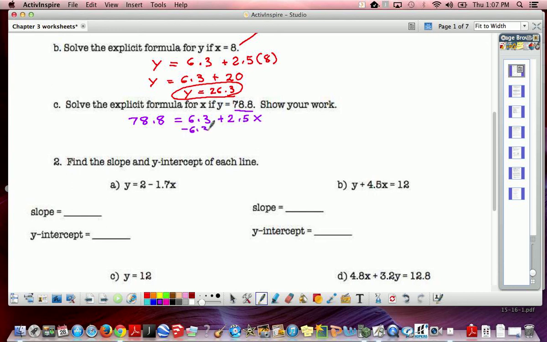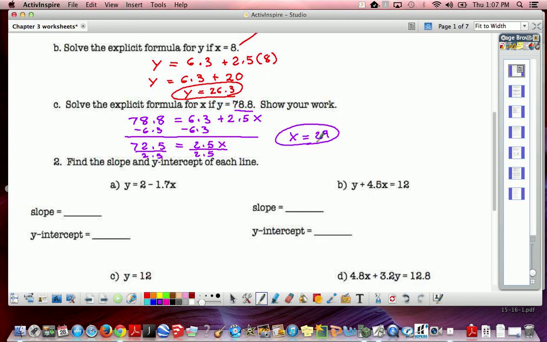So subtract the 6.3, and get 72.5 equals 2.5x. To undo multiplication, I divide. Divide both sides by 2.5, and x equals 29.